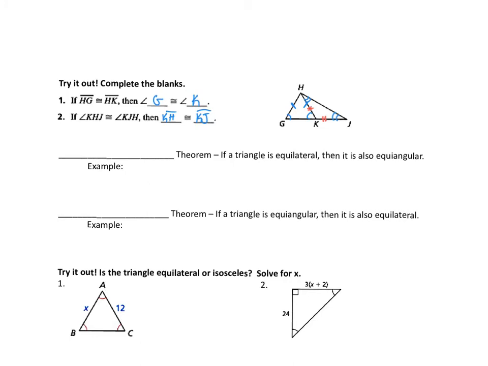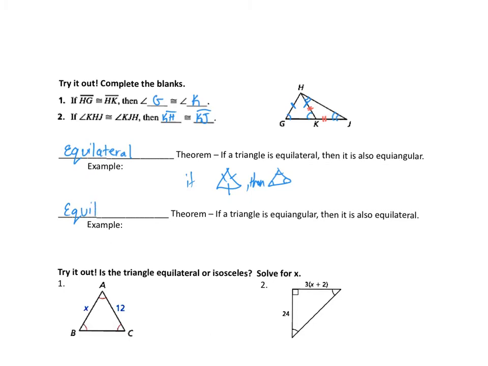Let's talk about the equilateral theorem. Remember, in an equilateral triangle all the sides are congruent. They're saying if the triangle is equilateral, then all the angles must be congruent. And the converse must then be true.